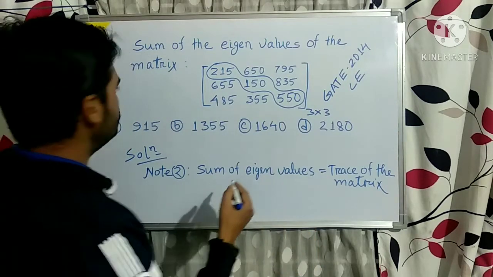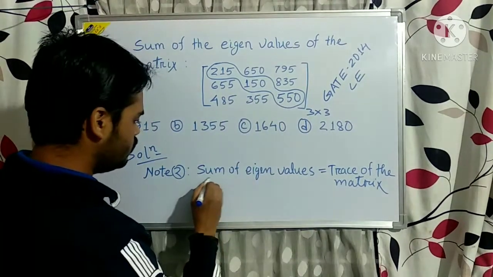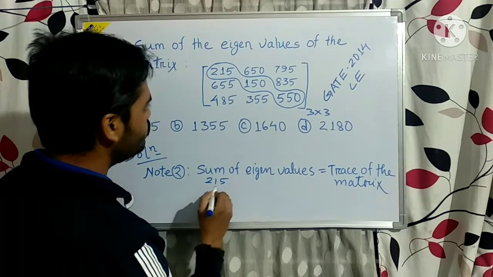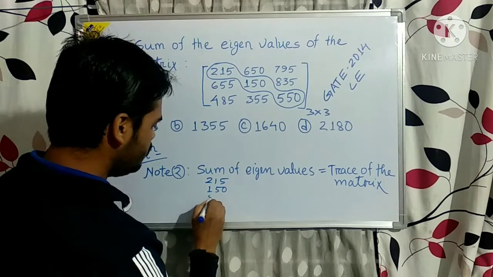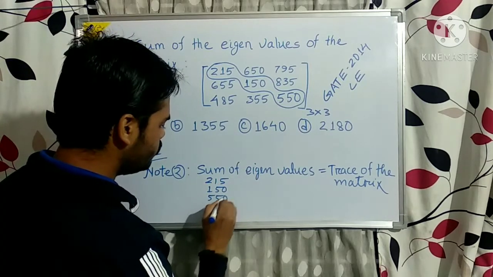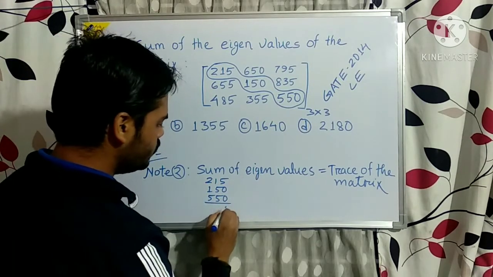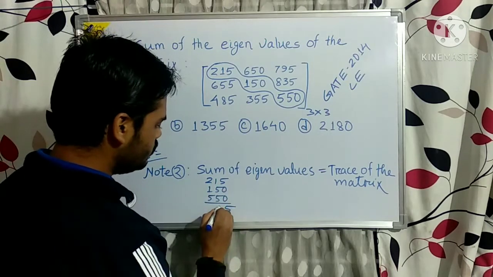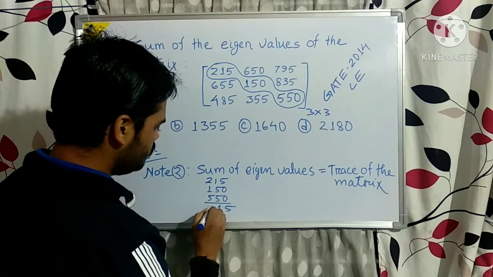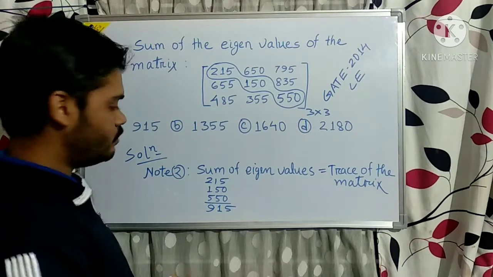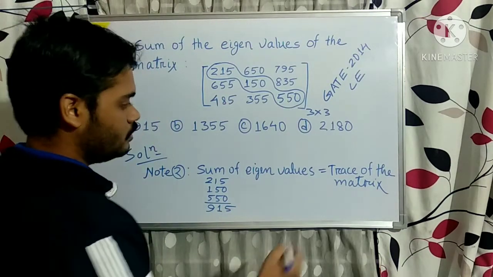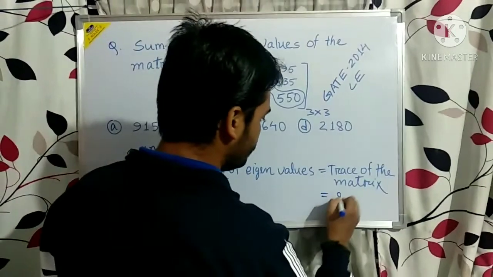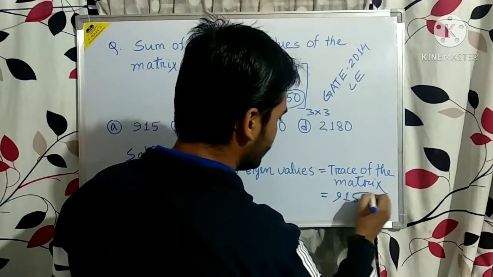So if you sum these numbers 215, 150 and 550, you get 915. So the answer, the trace of the matrix, is simply 915.